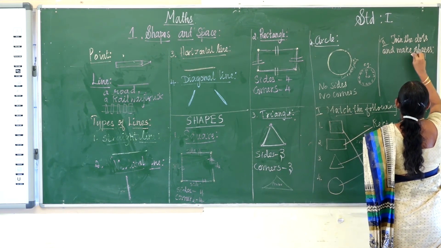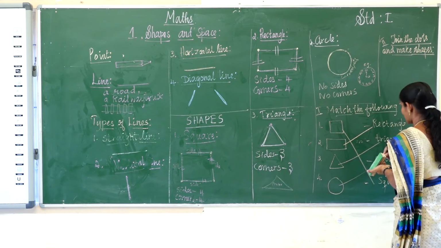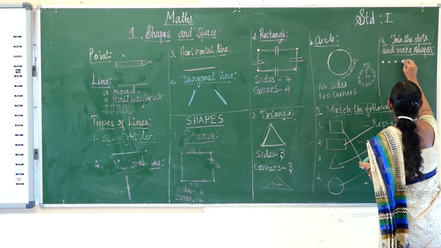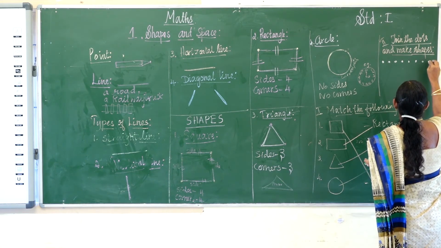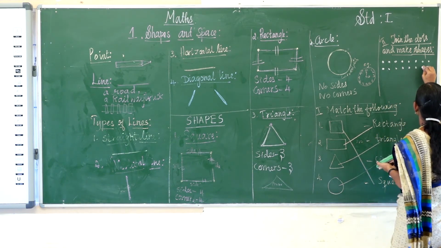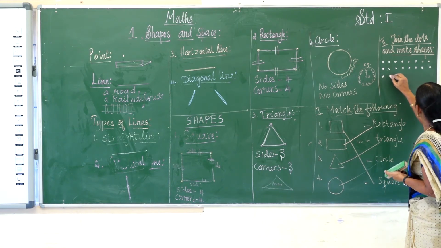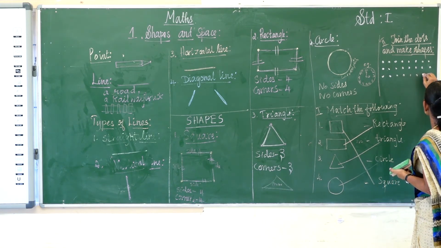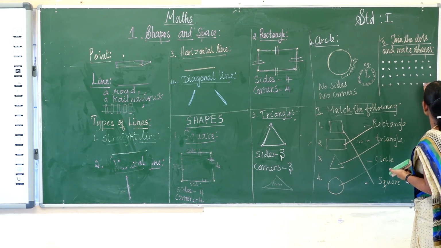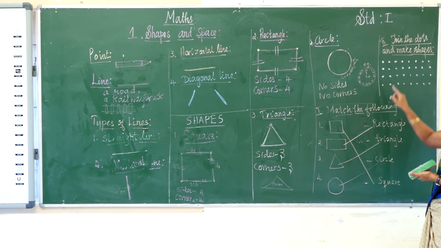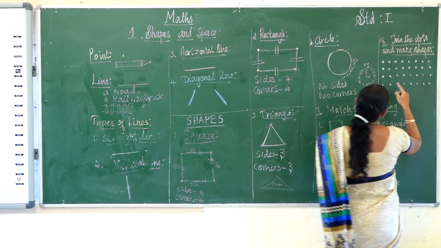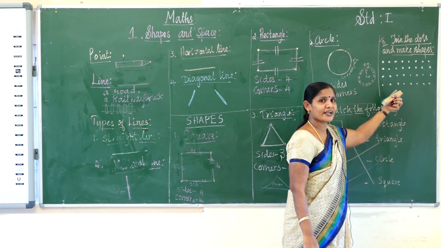So I have to join dots and make shapes. Okay, some dots are given. So many dots are given. So, I have to join these dots and make a shape.